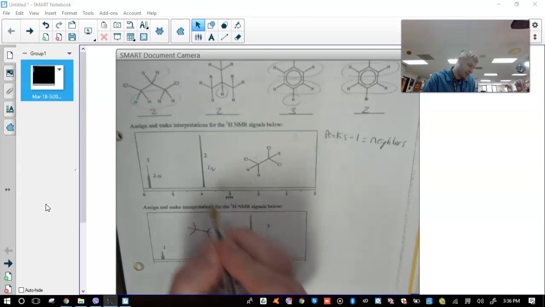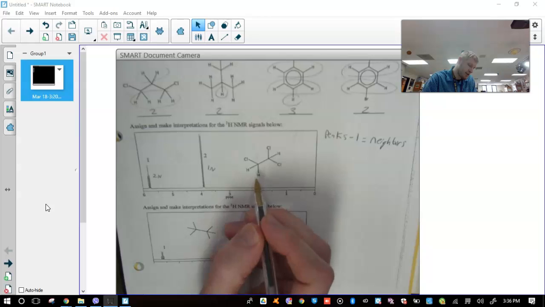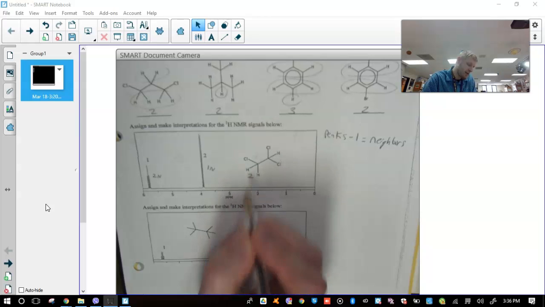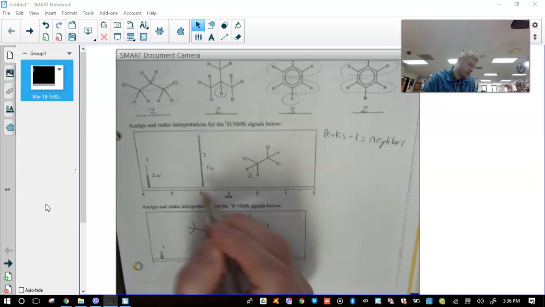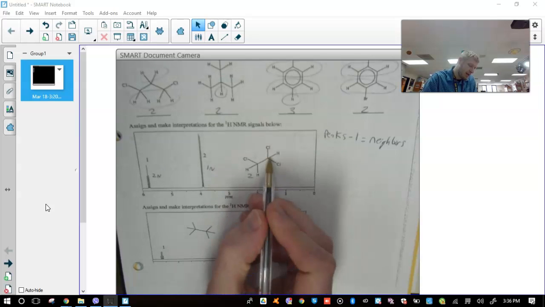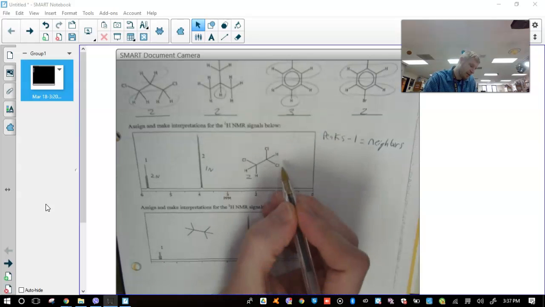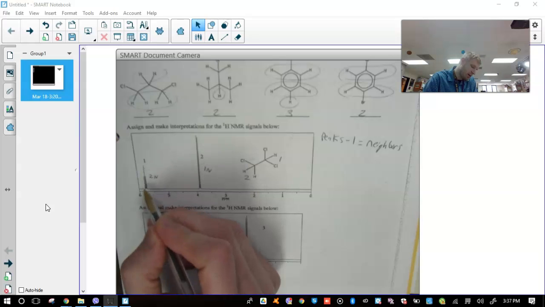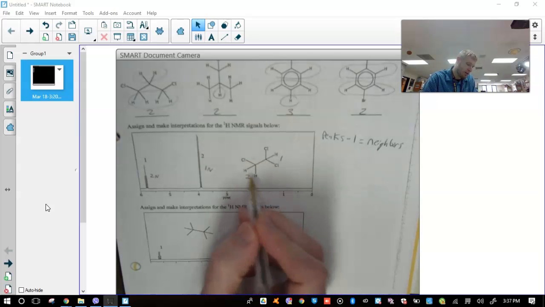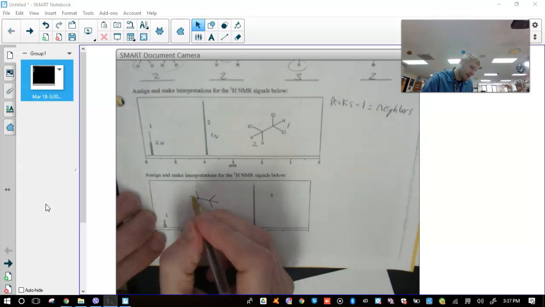So that would suggest that this peak is being represented by these hydrogens. So these are peak 2. 1 neighbor, therefore a doublet. This hydrogen right here has 2 neighbors, so it's going to be a triplet. And so that's peak 1, a triplet with 2 neighbors.